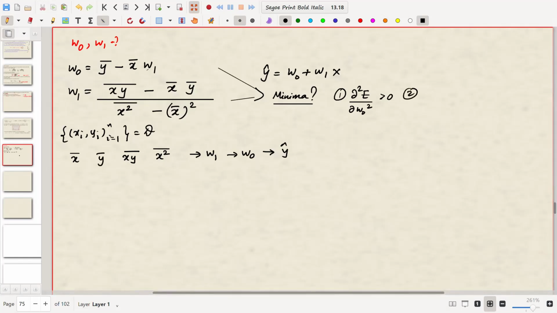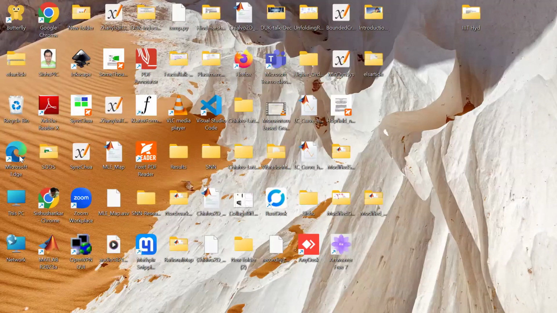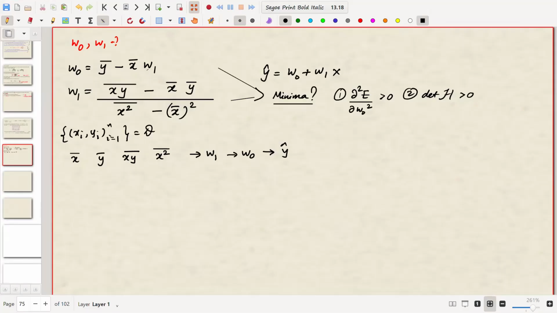Second, the determinant of the Hessian should be greater than 0, that is, the Hessian is positive definite. You do these two steps and confirm that W0 and W1 satisfy both of them.